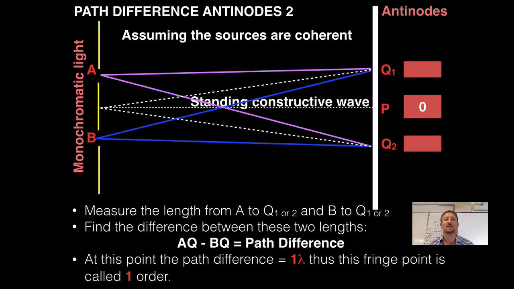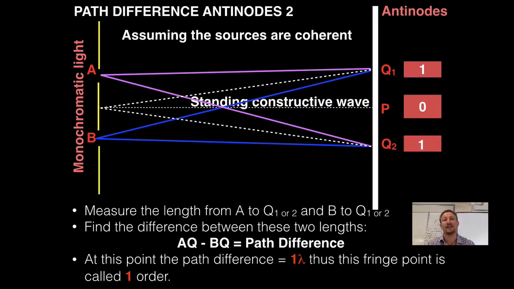The difference between AQ1 minus BQ1 in this case would be 2 meters, which is that wavelength. So both of these fringe patterns are given the order 1. Now we can call one negative and one positive, just denoting whether it's above or below or to the left or the right of that order. Okay, so that deals with the next fringe.